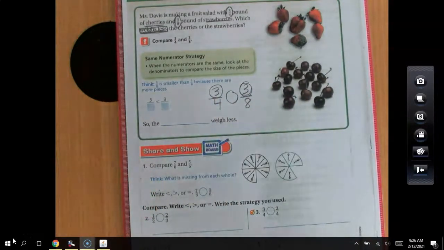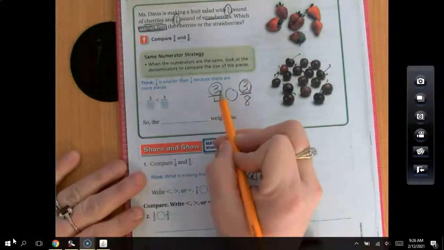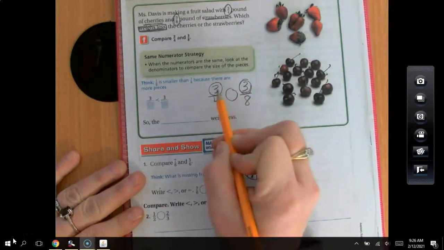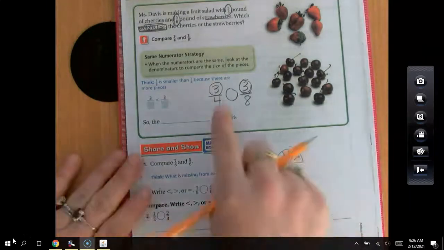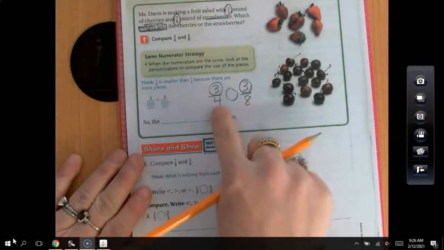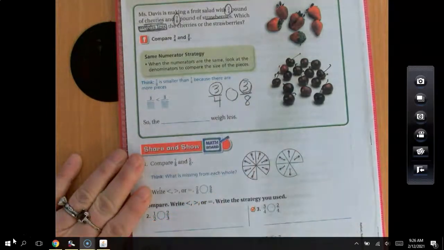Now, this is a little bit trickier because you have to think differently, all right? When I have the same numerator, I have to think opposite, all right? When the numerators are the same, I can look at my denominators, but I have to think opposite, okay?